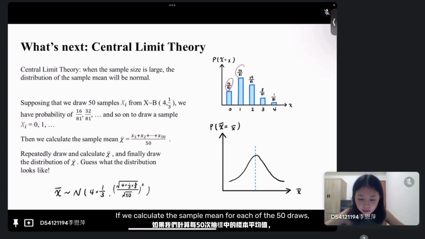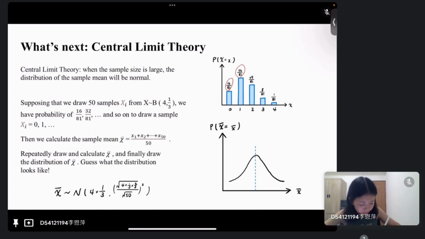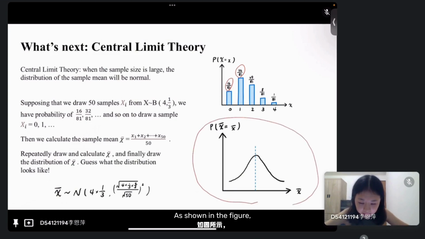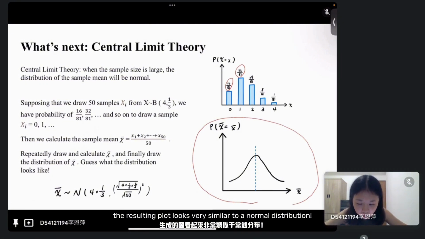If we calculate the sample mean for each of the 50 draws, we call this the sample mean x bar. If we keep drawing 50 samples at a time and calculate the sample mean each time, we can plot the probability distribution of x bar. As shown in the figure, the resulting plot looks very similar to a normal distribution.